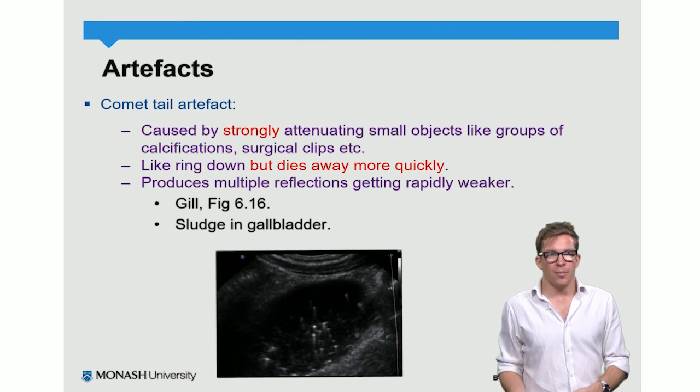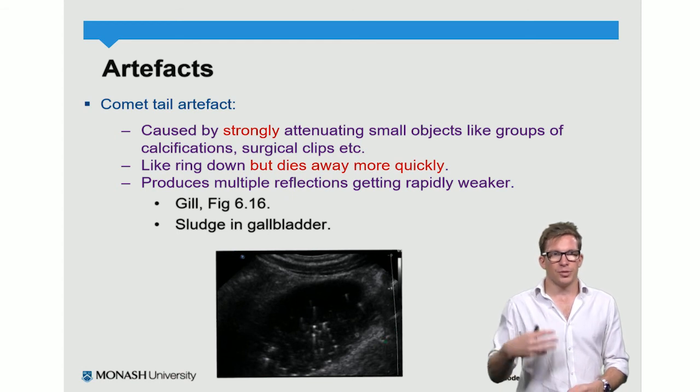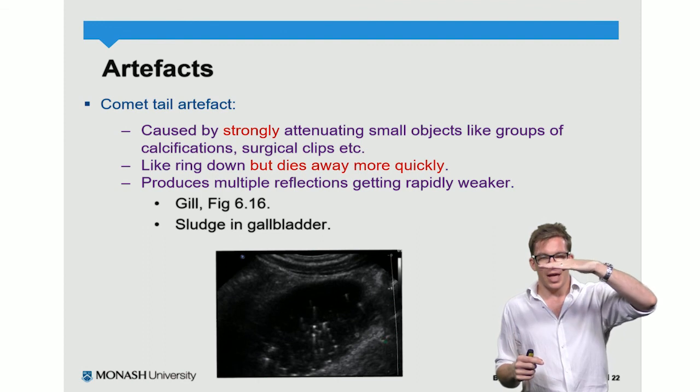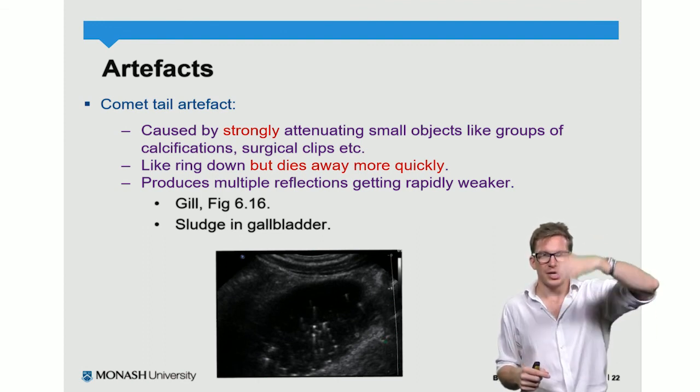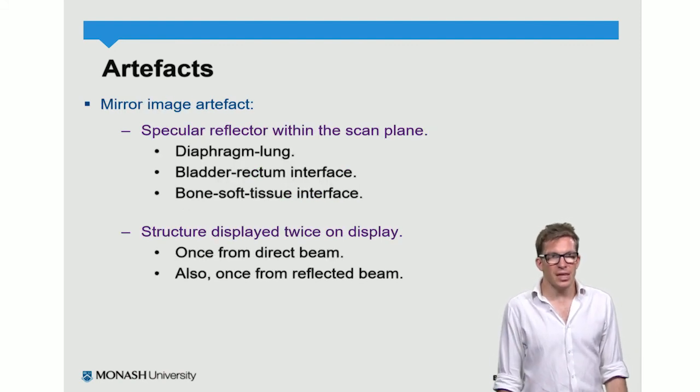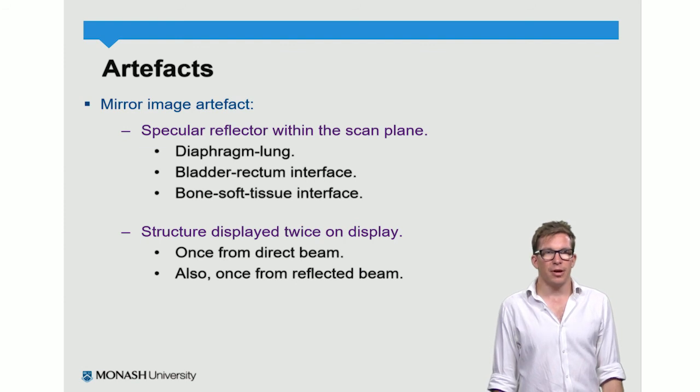We can also get a comet tail artifact, so that's typically from a more strongly attenuating object, which is more of a classical form of the reverberation artifact, where we have a reverberation between two strong edges, leaching energy back up to the transducer. We also have mirror image artifacts.